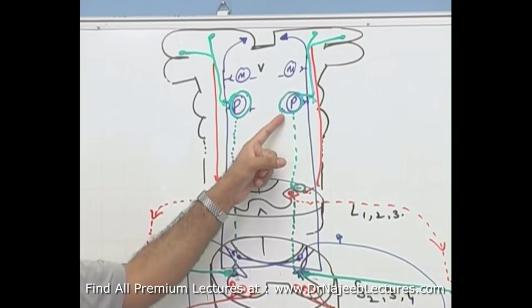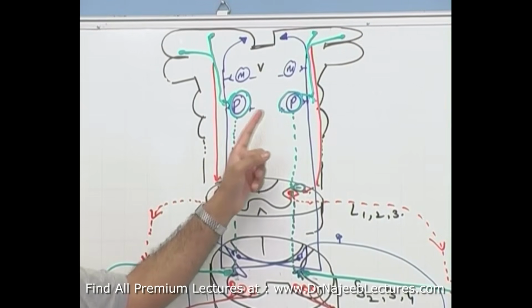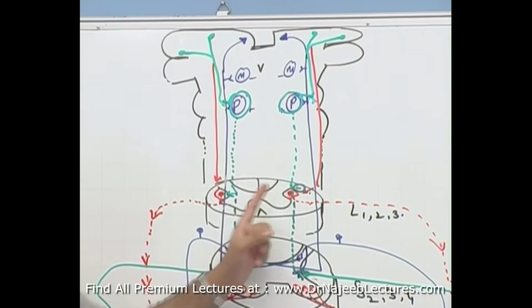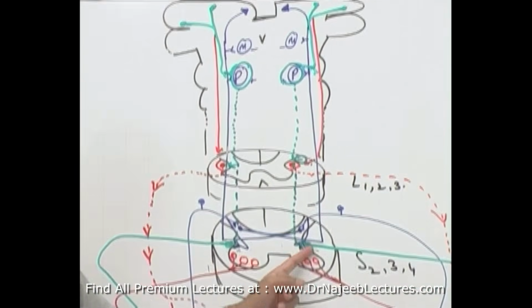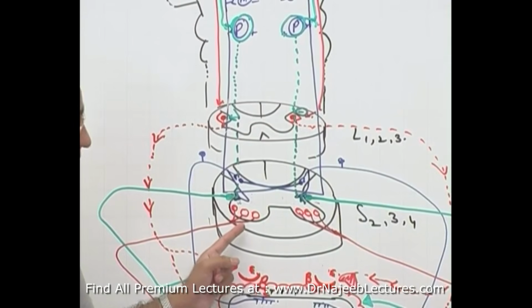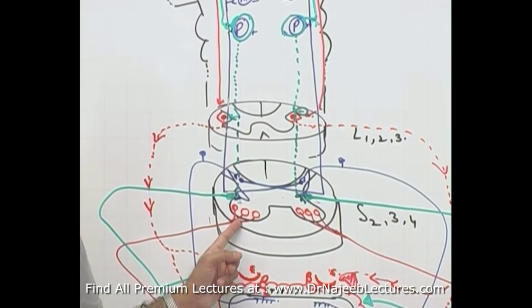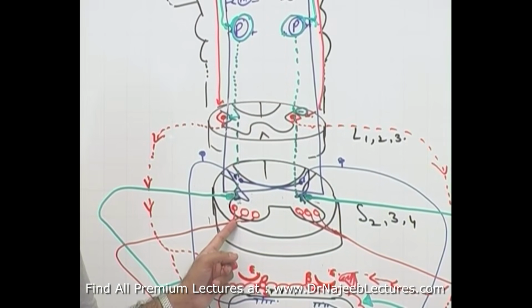Again, the cortical area stimulates the pontine centers. The pontine micturition center inhibits sympathetic outflow, stimulates or facilitates parasympathetic outflow, and inhibits the external urethral sphincter. It inhibits the neurons going to the external urethral sphincter, which is through the pudendal nerve.